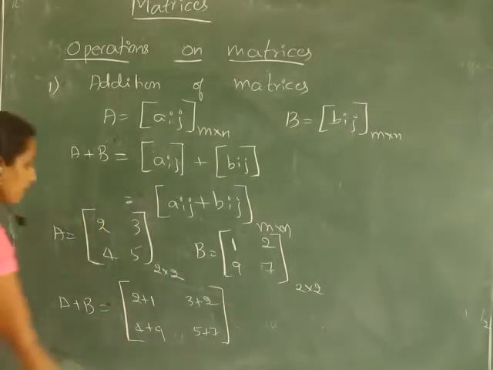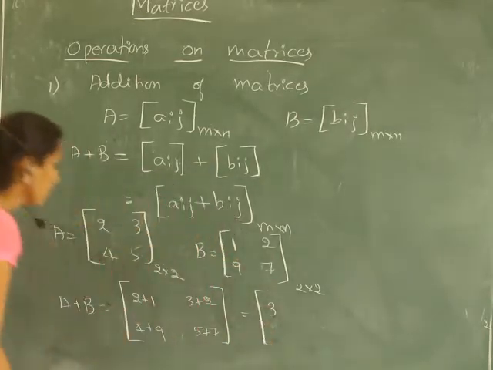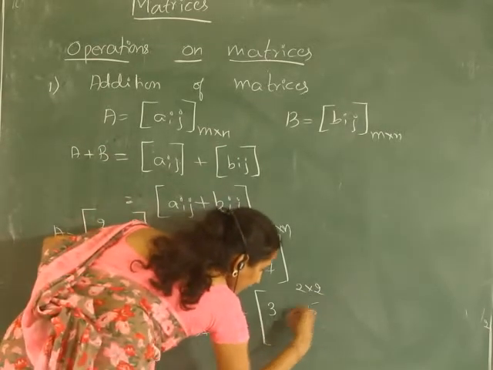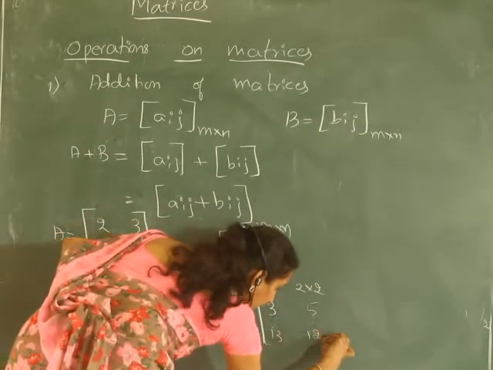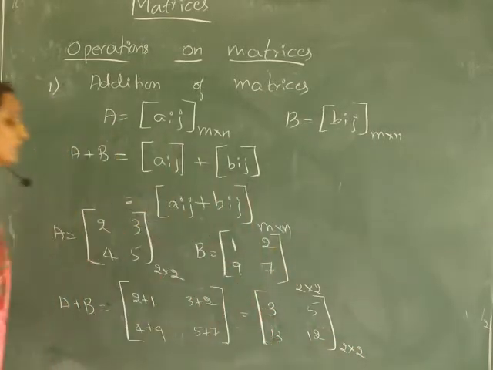So the answer will be 3, 5, 13 and 12. This is also of order 2 by 2.